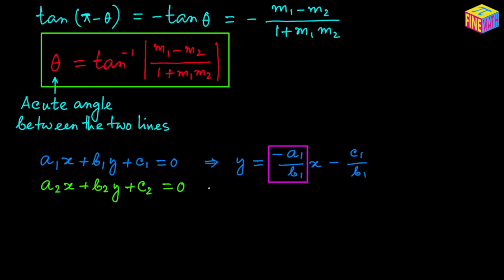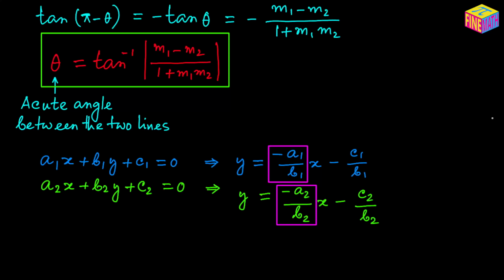Similarly, let's transform the second equation also into the y equals mx plus c format. So here again we can say that y would be equal to negative a sub 2 over b sub 2 times x minus c sub 2 over b sub 2. And there also we can see the value of the slope, which is negative a sub 2 over b sub 2.